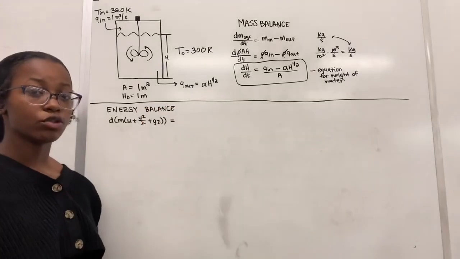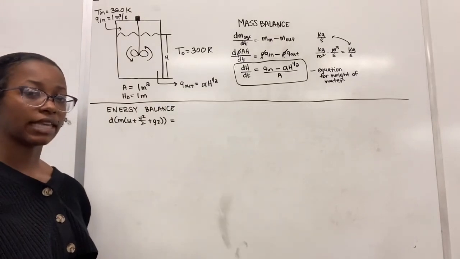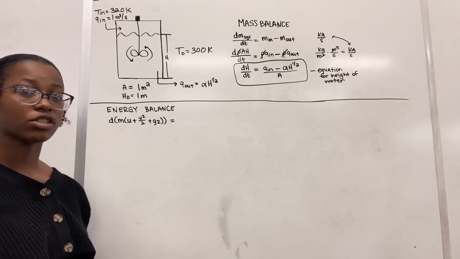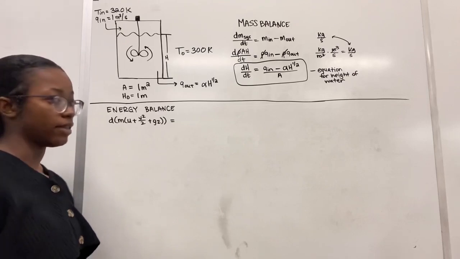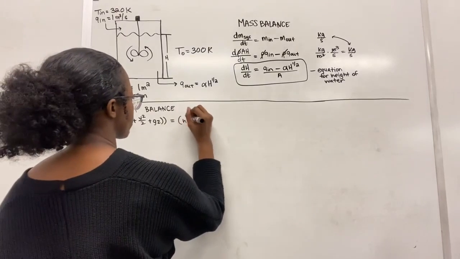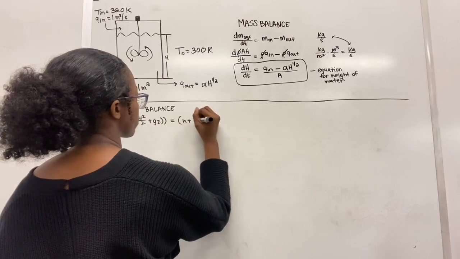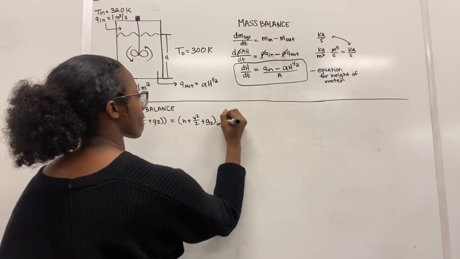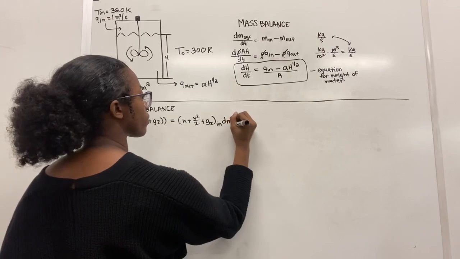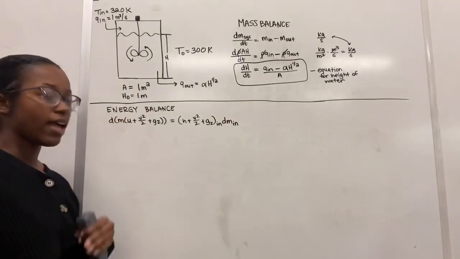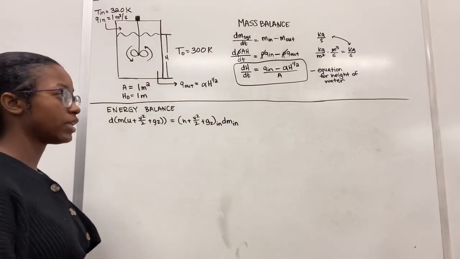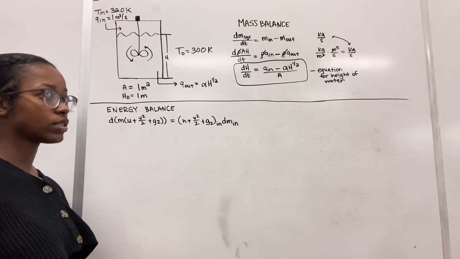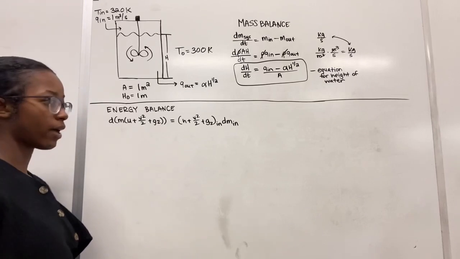And that'll be equal to the enthalpy plus kinetic energy plus potential energy coming in times the change in mass coming in, and the same enthalpy plus kinetic energy plus potential energy going out times the change of mass going out.